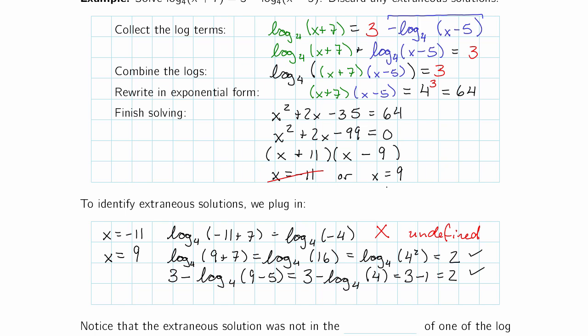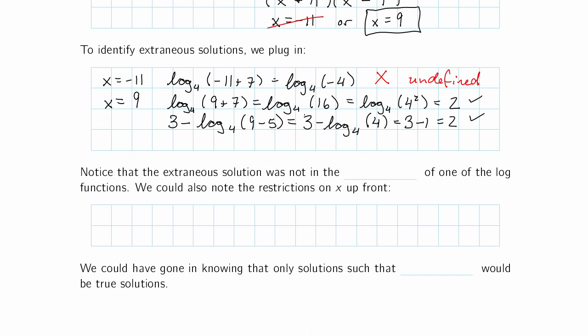We have a true solution in x equals 9. There's actually only one solution to our original equation. Notice that the extraneous solution we got was not in the domain of one of the log functions. So rather than going back and plugging in at the end, we could also note the restrictions on x up front.